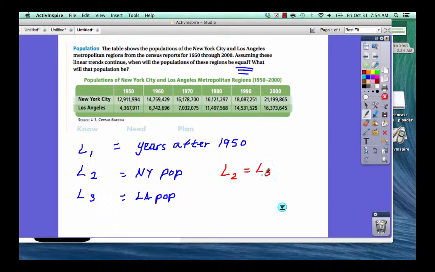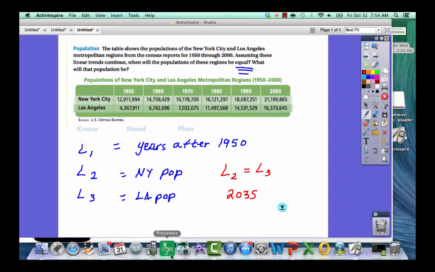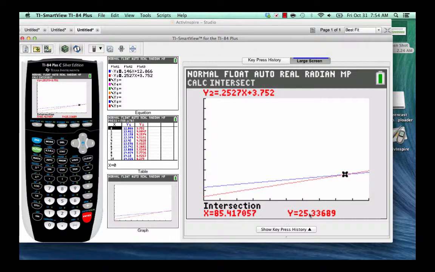Those populations will equal each other in about the year 2035. The X is 85 years after 1950, so about 2035, and the population will be about 25 million, 25,300,000, something like that. That's a rough estimate. I hope that helps you guys calculate a linear regression.